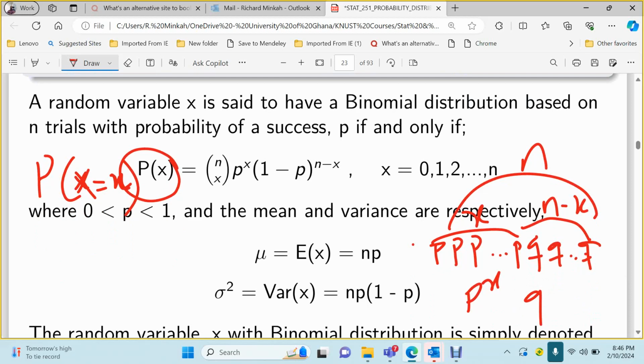What about the q? It will be q to the power N minus x. Is everybody okay? Good. So this part is what you see over here.